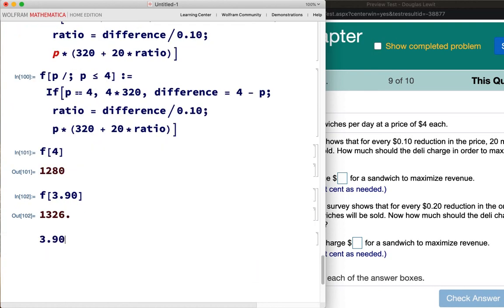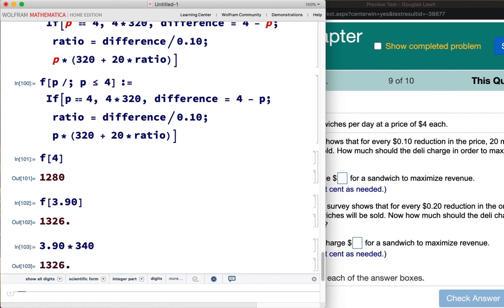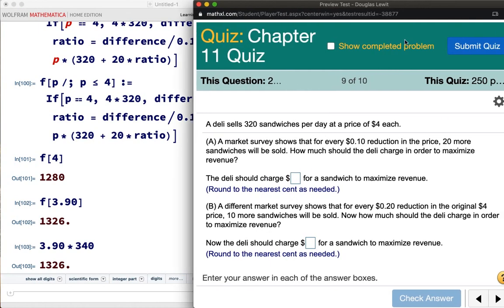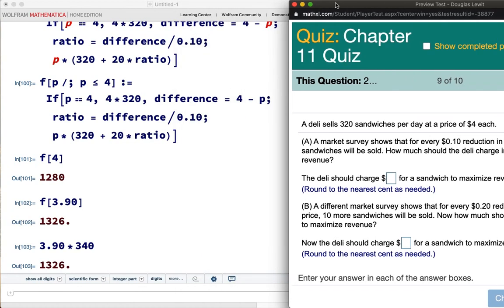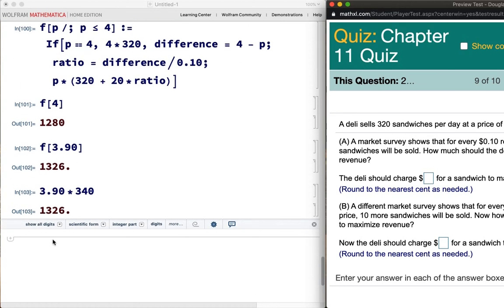Because $3.90 times 340 sandwiches is $1,326. Because remember, it says here, every time I reduce the price of the sandwich by 10 cents, I can sell 20 more sandwiches. But at some point, guys, this isn't going to work too well.